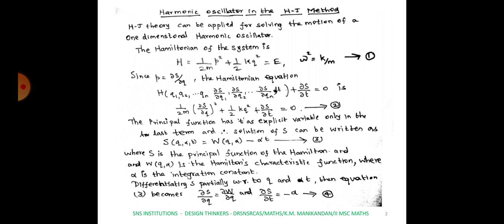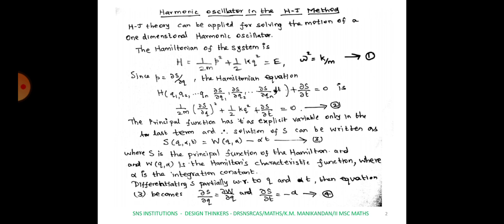Here q1, q2, q3, ... qn represent the generalized coordinates, and this can be written in the form 1 by 2m into (dou S by dou q) whole square plus half kq square plus dou S by dou t equal to 0.